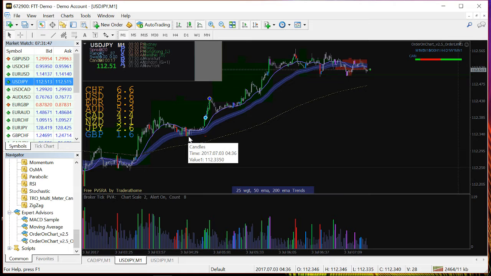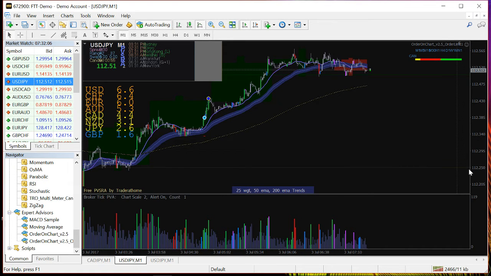Okay, and what I want you to look at, and it's very important, is that we already have a previous high here. Okay, so we already got from this, you can see that it failed to break the key level. So you have a key level at around, let's see, 112,250. Okay, so this is the key level.